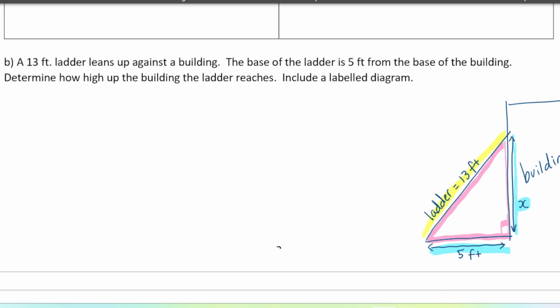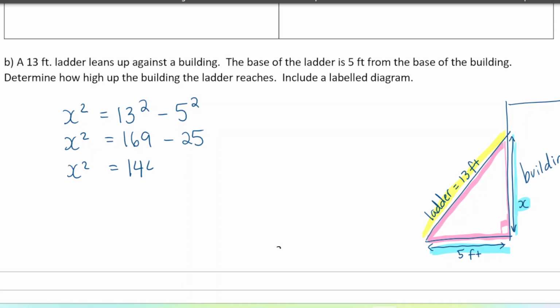Okay, so because I'm missing one of the shorter sides, I'm going to use subtraction in my equation here. So I'm going to have 13 squared minus 5 squared. 13 squared is 13 times 13, which is 169, and 5 squared is 5 times 5, which is 25. And 169 minus 25 is 144.